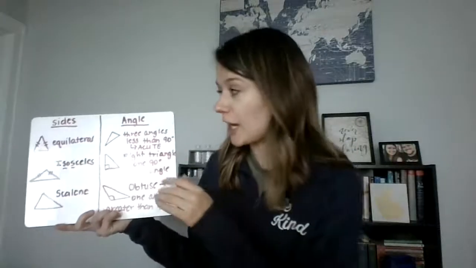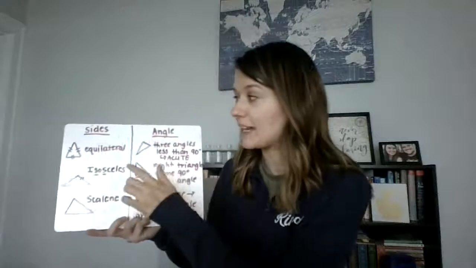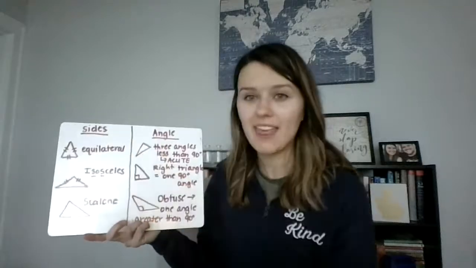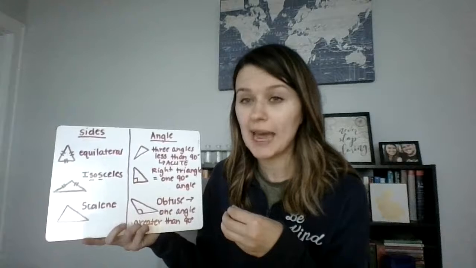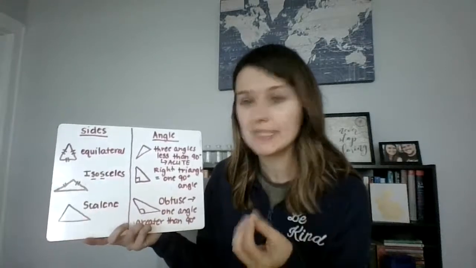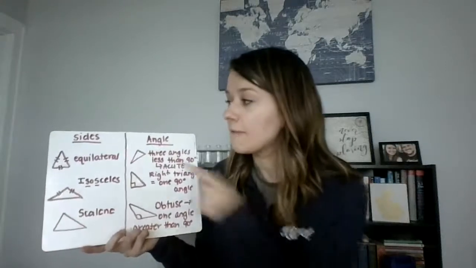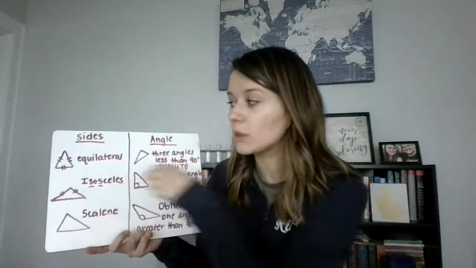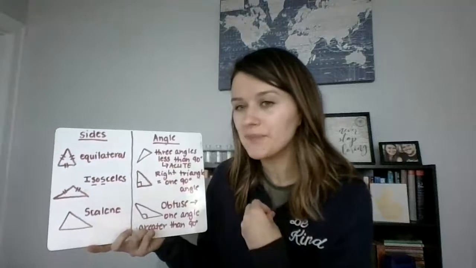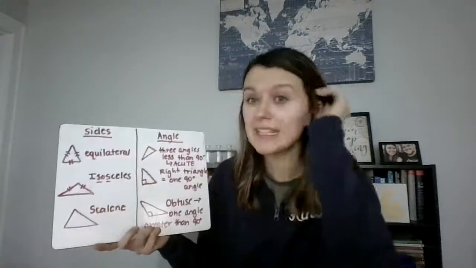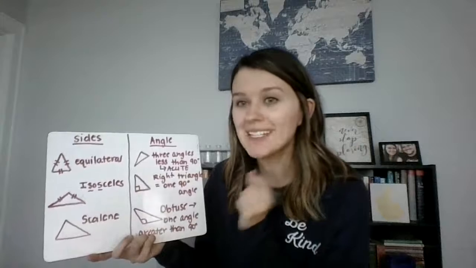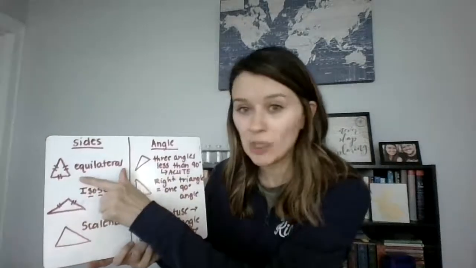First, we can describe triangles by the type of sides that they have. So there's three different types of triangles when you're looking at the types of sides that they have. First, there are equilateral triangles, and when you hear the word equilateral, the beginning of equilateral sounds like the word equal.